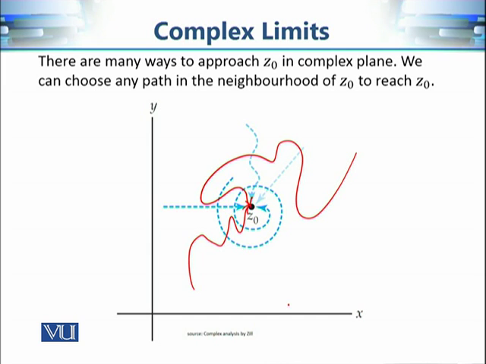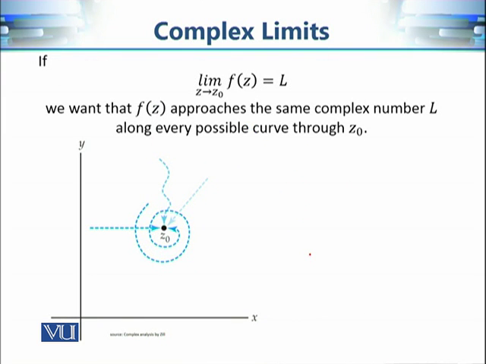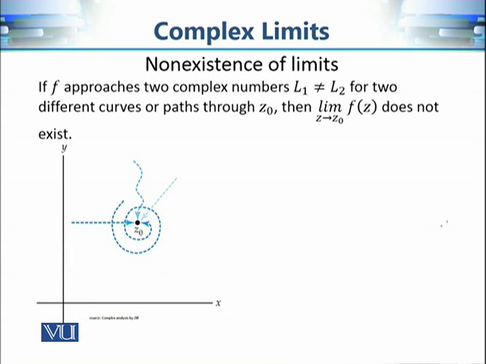Whatever path I choose, if the limit of the function is L, then the answer should always be equal to L. So f of z must approach the same complex number L along every possible curve, if the limit of the function as z approaches z naught is equal to L. This gives us a criterion to check whether a given limit does not exist.